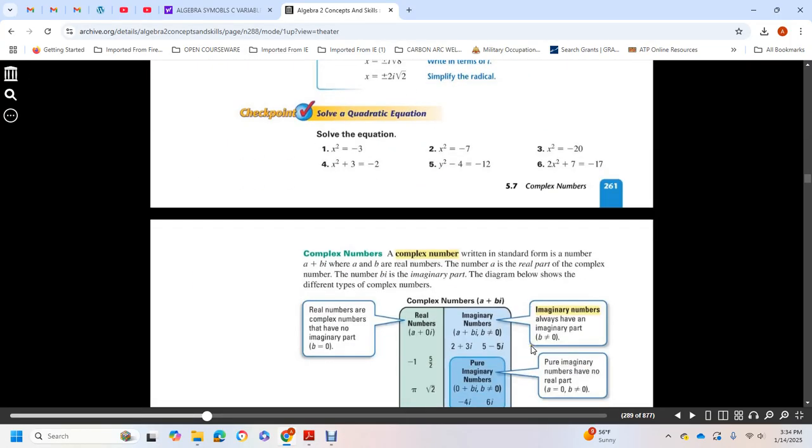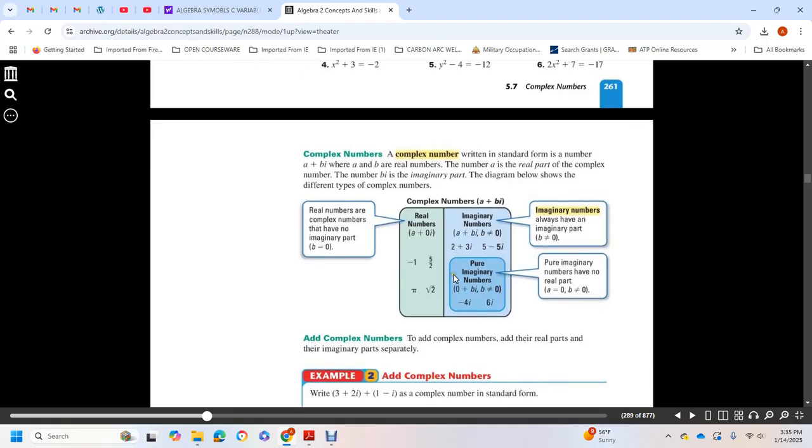Complex numbers are written in standard form as a plus bi, where a and b are real numbers. The number a is the real part of the complex number. The number bi is the imaginary part. The diagram below shows the different types of complex numbers.